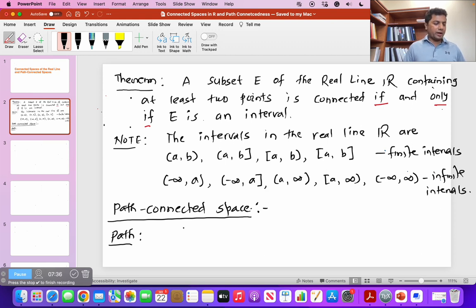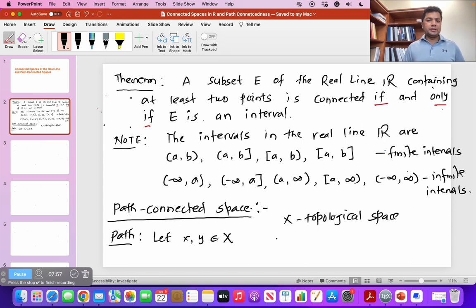So first let me write it down. Let's say X is a topological space, and let x and y be any two elements in this topological space.